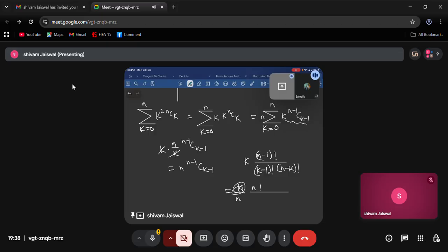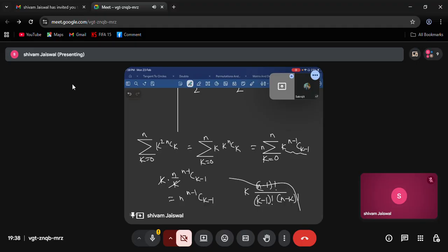So what's the use? No. I have to think of something else. So that k gets removed. It will not be done like this. Yes, I have to think in some other way.